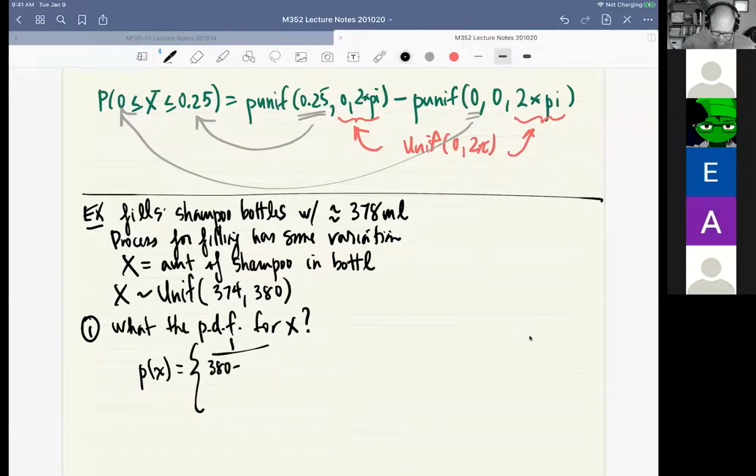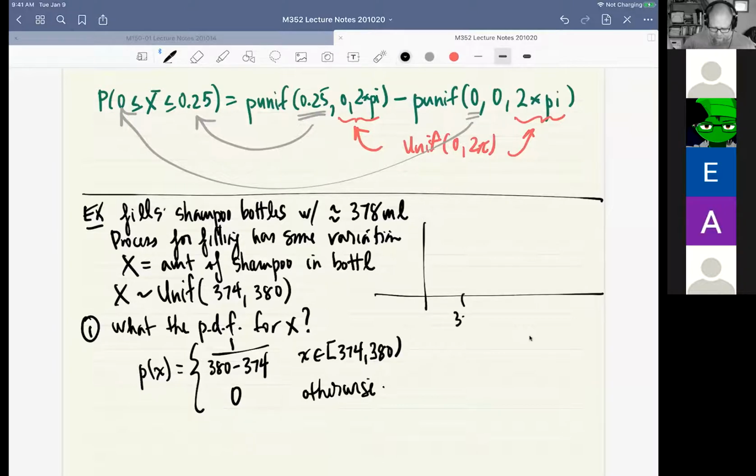So I'll write this down here for memorialization purposes. That's if x is in the interval from 374 to 380, and it's 0 otherwise. So this is our step function, right. So that's the graph. And right here, this is the height. It's at 1/6 because 380 minus 374 is 6.